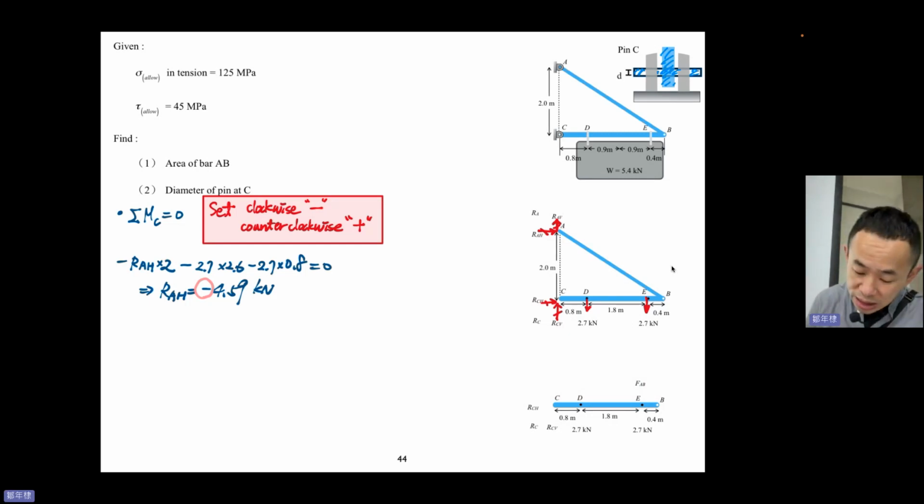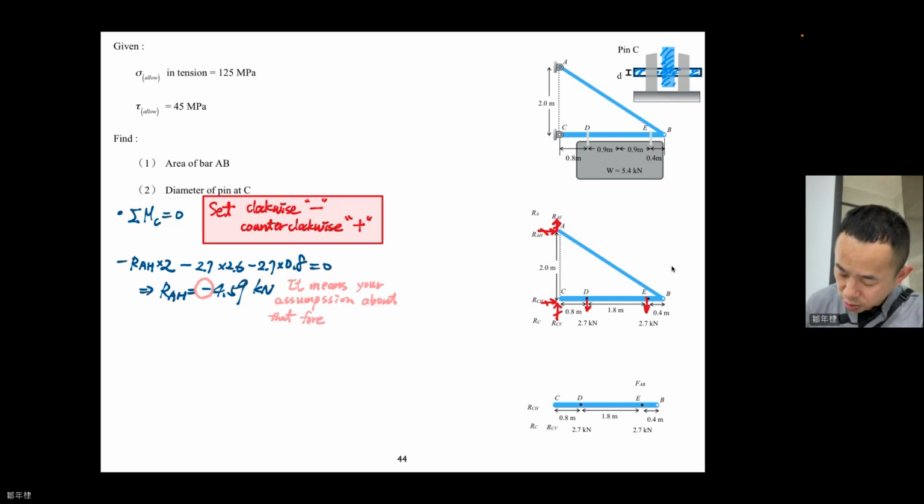Minus sign means your assumption about that force was wrong.